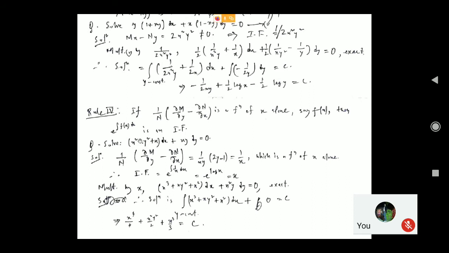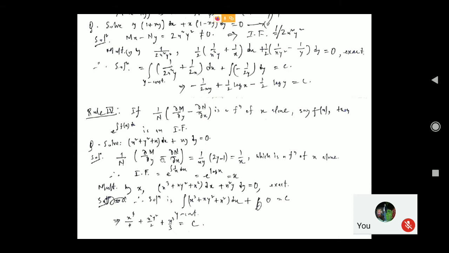And here you don't have a function of xy, so the previous method is also not applicable. Then the next thing is that we have to check for this expression. If this expression is a function of x, then e to the power integral f(x) dx is the integrating factor. So all the previously known methods are not applicable here. That's why we check for this expression.